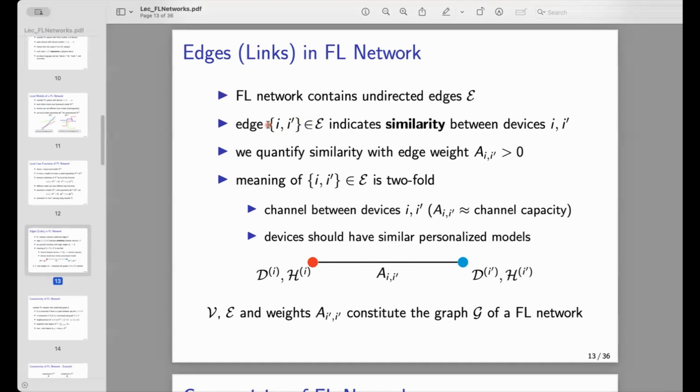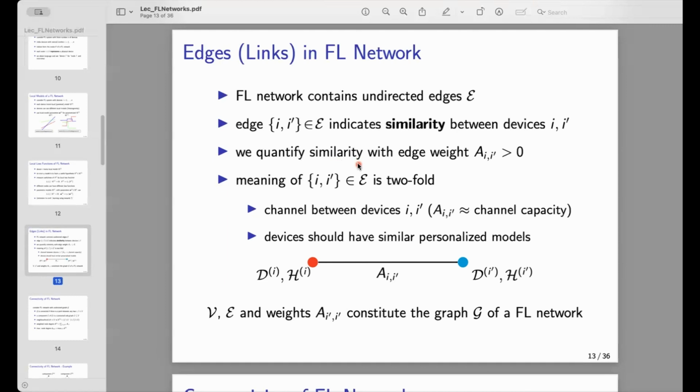connection. And we also quantify the amount of similarity that an edge represents. So there is a non-negative or a positive number assigned with each edge. And the meaning depends on the usage, how we use a federated learning network. We will use a federated learning network to design federated learning algorithms.